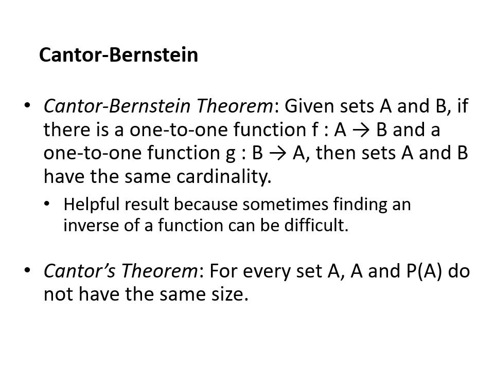And using this, we can, for example, show that if A is infinite, B is infinite as well. Cantor's theorem also states that for every set A, A and P of A do not have the same size. So these are two important theorems that are interesting to remember and to know.